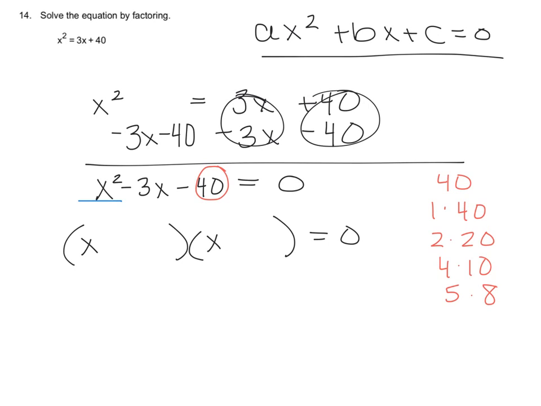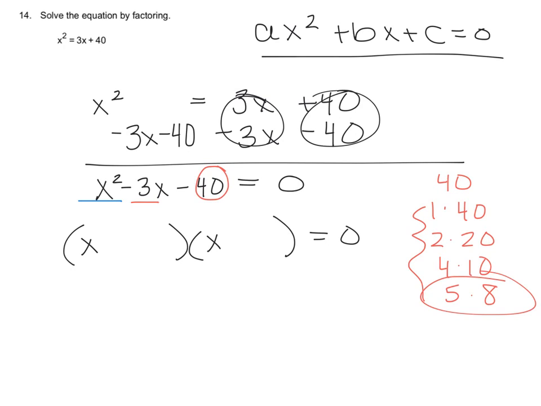Next, you look at your middle term, which is a negative 3x. I want to combine my factors of 40 in some way to get me that negative 3 in the middle term. So I'm going to look at all of these pairs and select the pair that I can manipulate to give me that negative 3.